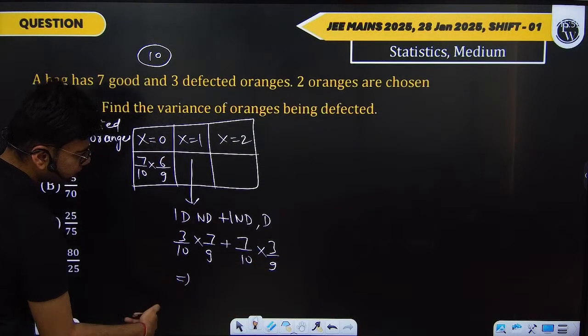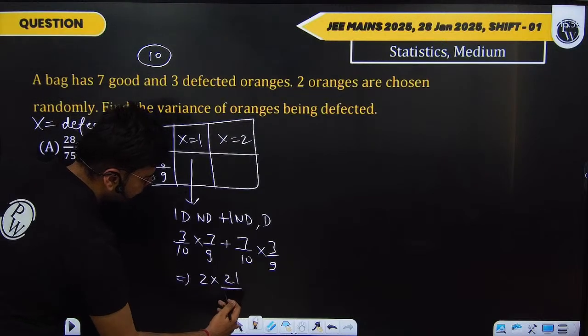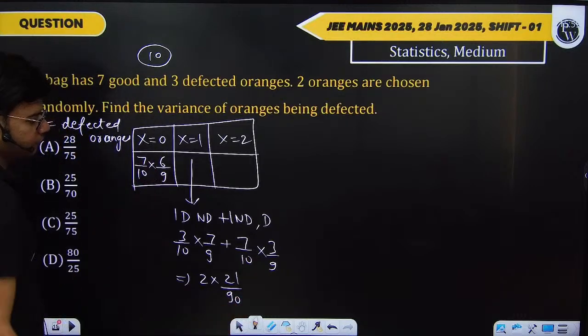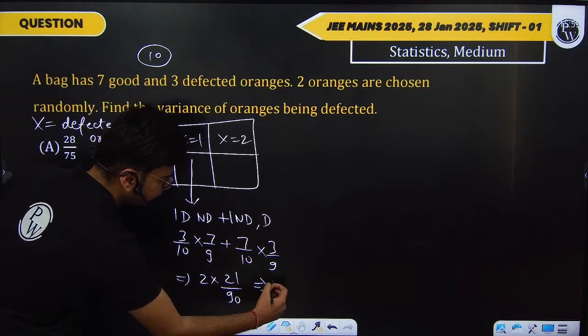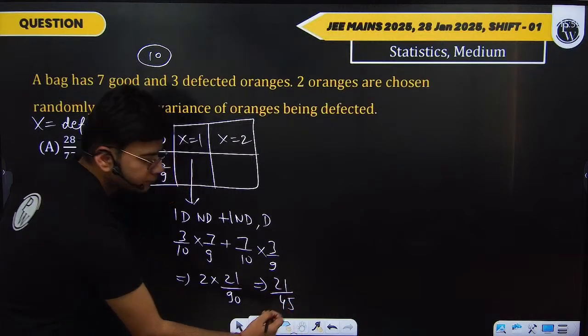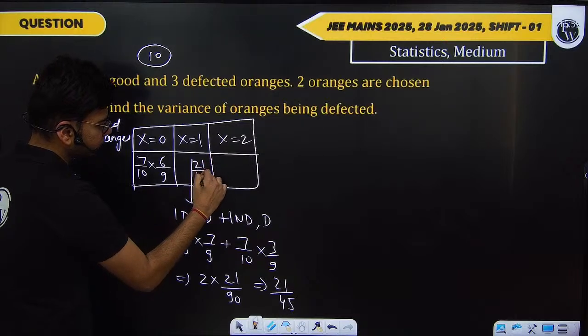So you will get something like this: twice of 21 upon 90. So you will get 21 by 45. This is what I am getting.